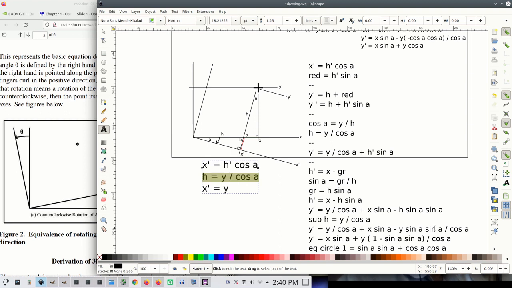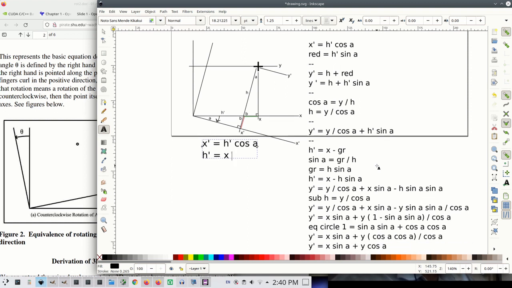H prime, where's our h prime equation? H prime equals x minus h prime equals. We want to get it quickly in terms of x and y and the angle. Maybe this one, h prime equals x minus h sine a.